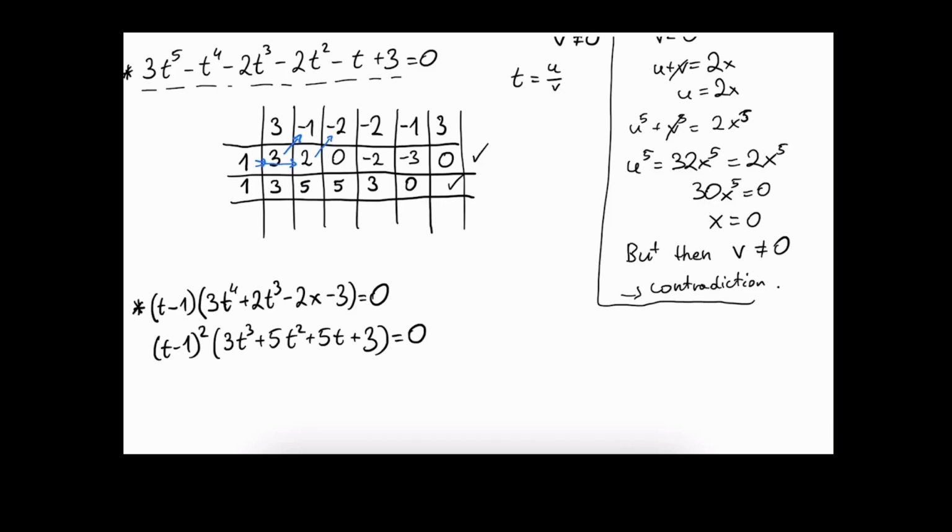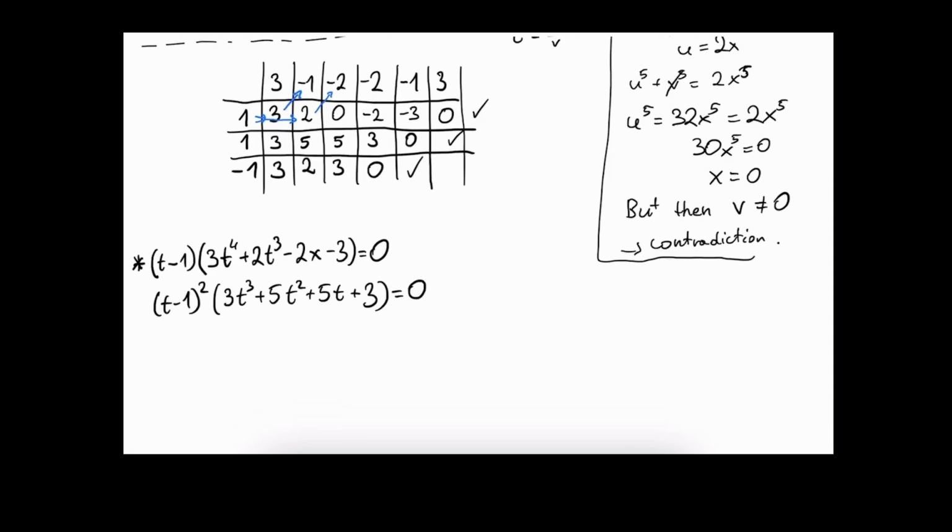Maybe let's try minus 1. Minus 1 times 3 plus 5 equals 2. Minus 1 times 2 plus 5 equals 3. Minus 3 plus 3 equals 0.